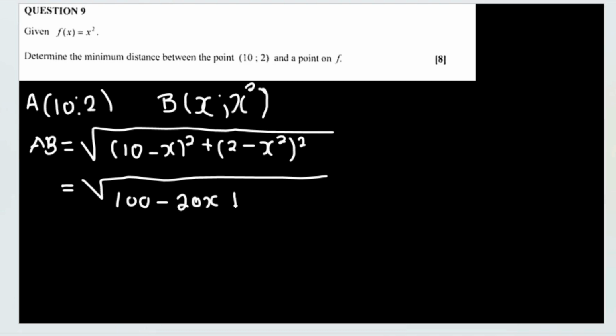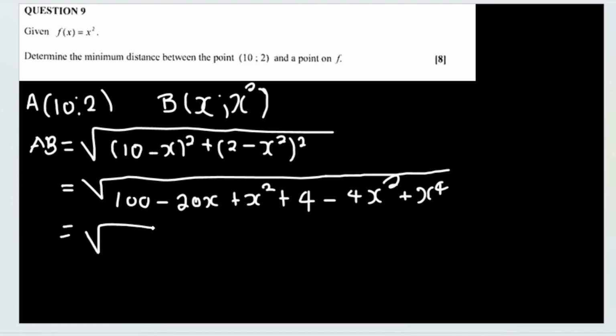Lastly, plus x squared, plus I multiply this 2 with another 2 to get 4. Then I say minus 4x squared, lastly plus x to the power of 4.